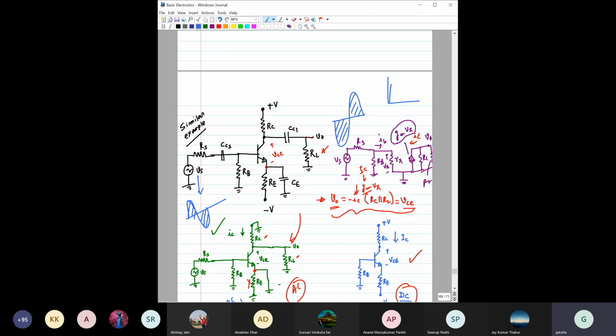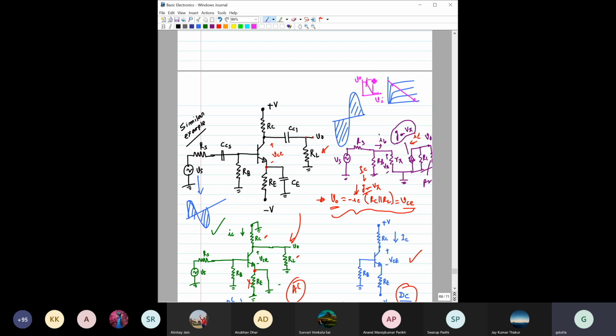From this, if you have this IC versus VCE characteristics like this, and you have the DC load line from here, then from this to this region, if the Q point is here and the change in the Q point is here, then only it will operate as a linear amplifier, right? Or from this output versus input characteristic, that also we have seen earlier, right?